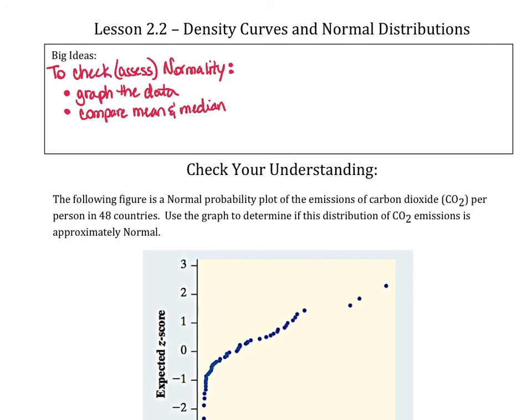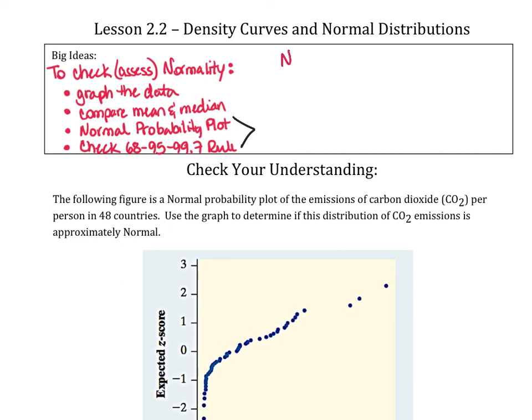Then we used the normal probability plot. And last of all, but probably most importantly, we checked the empirical rule. No doubt about it, these two are the stars of the show, and those are the ones that really have the strongest influence in our determination or assessment about normality.